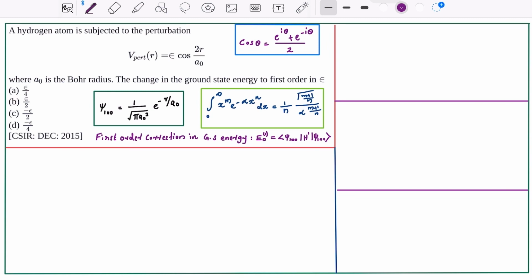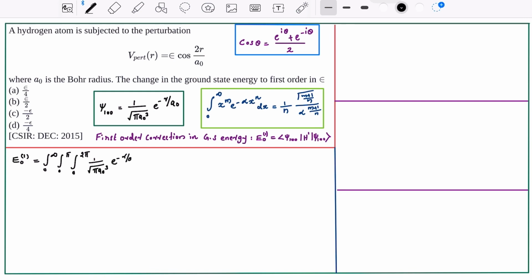For the hydrogen atom, the ground state wave function psi 100 is given by 1 by root of pi A0 cubed, e raised to minus R by A0. So the first order correction in integral form is given by integral 0 to infinity, integral 0 to pi, integral 0 to 2 pi.